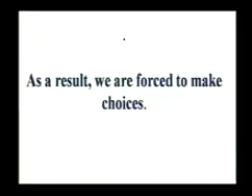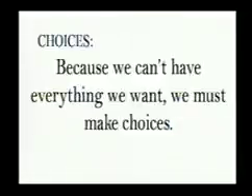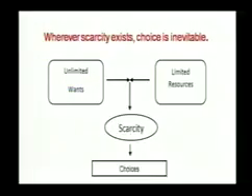In other words, in economics, because we can't have everything we want, we must make choices. That is the core of economics. If you look at this diagram, we started with unlimited wants and limited resources, which is based on scarcity.